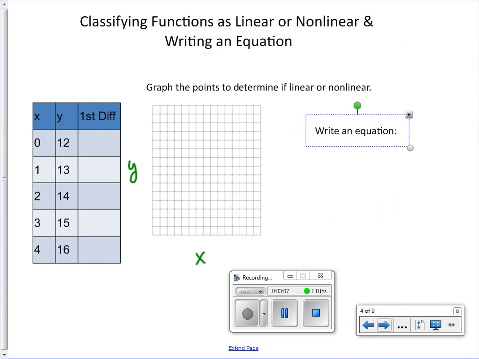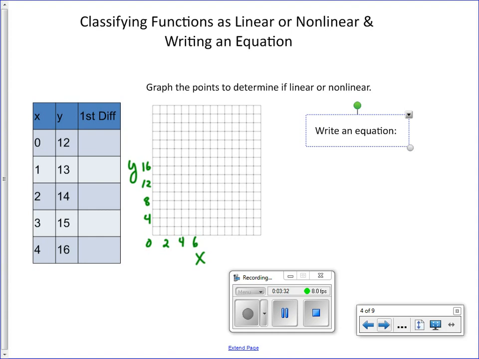I don't believe I can get up to 16 on the vertical axis, so I'm going to go by 2's. So this will be 4, 6, 8, 10, 12, 14, 16. Okay, and on the vertical axis I'll just go by 1's. Each square will represent 1.